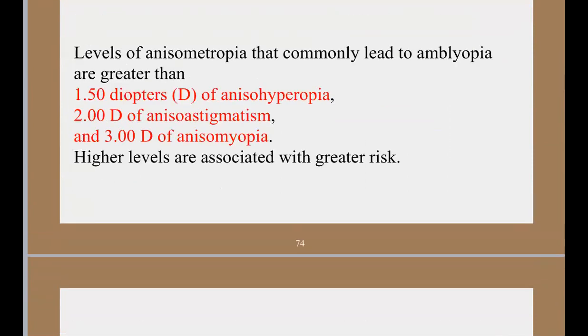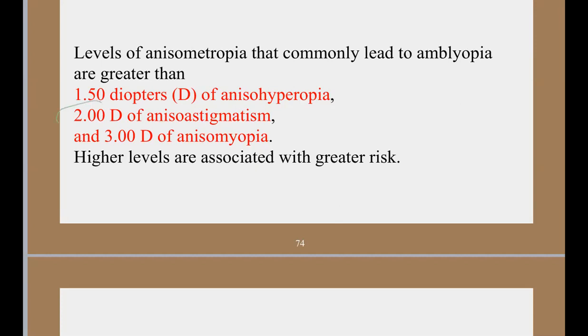The levels of anisometropia that commonly lead to amblyopia, according to the American Academy, are 1.5 diopters for cases of anisohyperopia. So in cases of hyperopia, I have a value of 1.5 diopters. So hyperopia here is more likely to develop amblyopia than astigmatism and myopia.